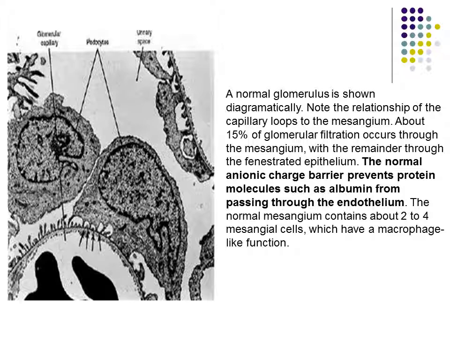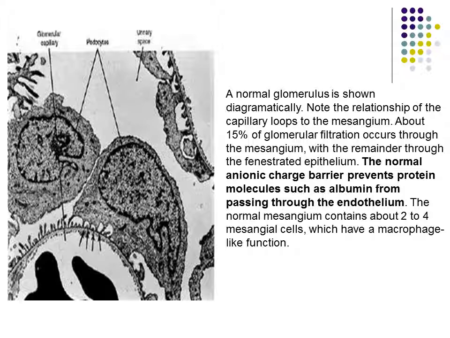On electron microscopy, apart from this glomerular basement membrane, about 15% of glomerular filtration occurs through the mesangium. The glomerular basement membrane is normally having anionic charge. So this charge acts as a barrier to filter the anionic molecules present in the blood, for example, albumin.